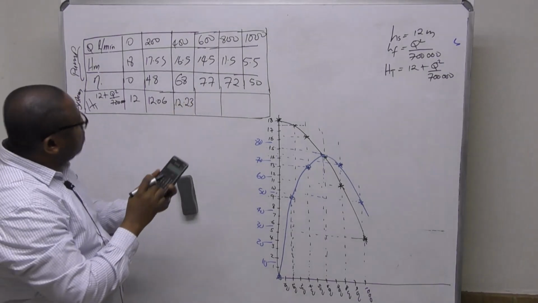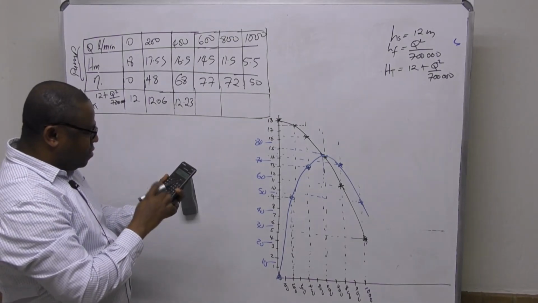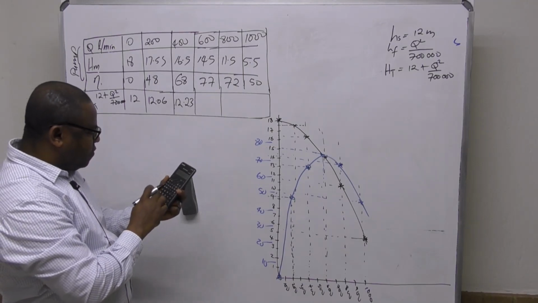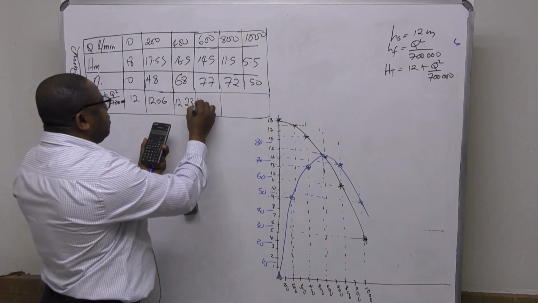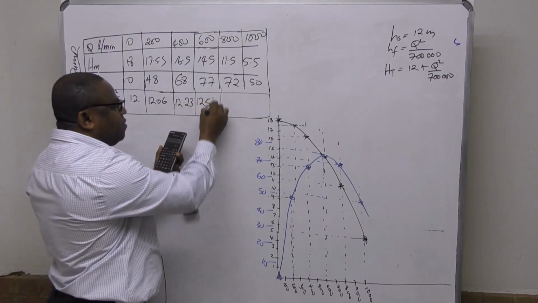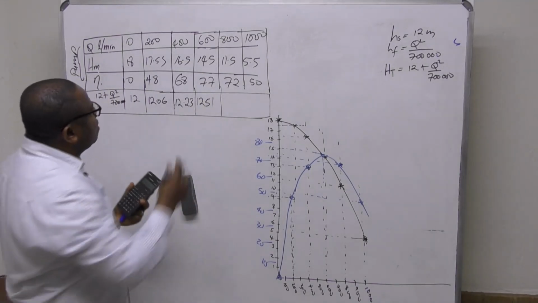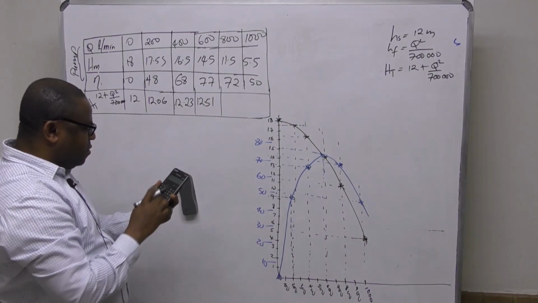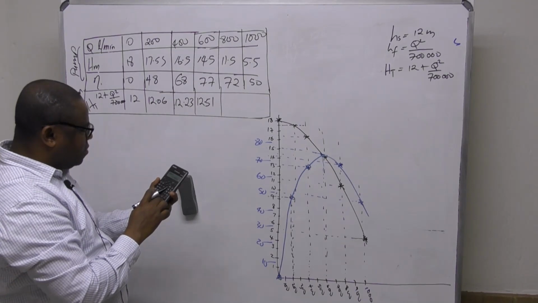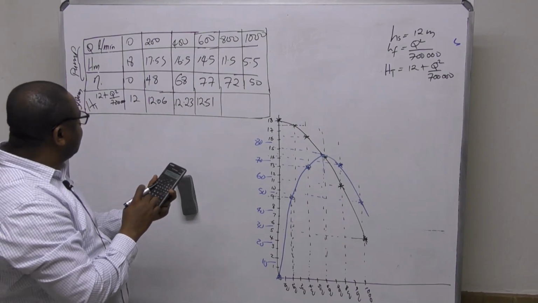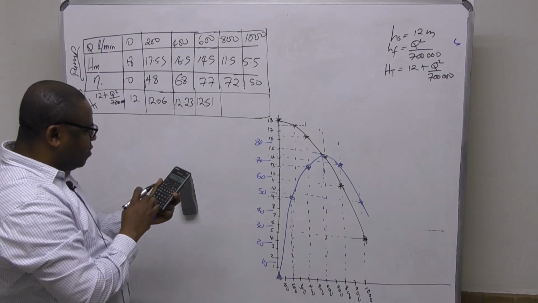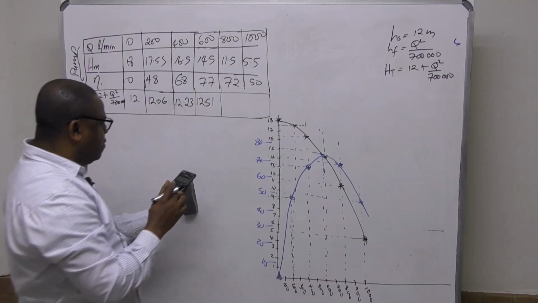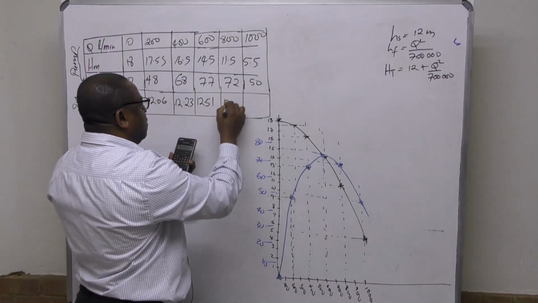Okay. I have 600 squared divided by 700,000 plus 12. 12.514, I can just take as 12.51. Then 800 squared divided by 700,000 plus 12, 12.91.